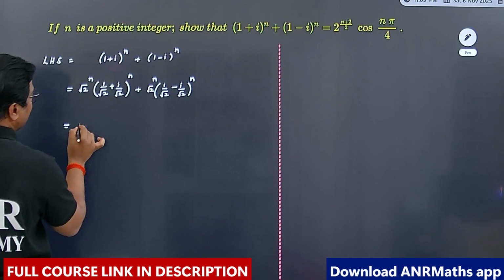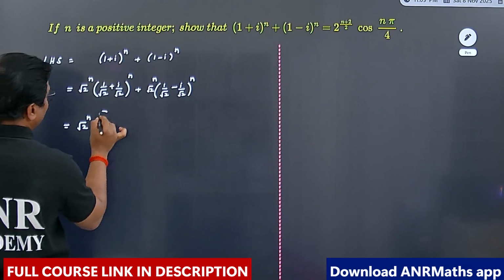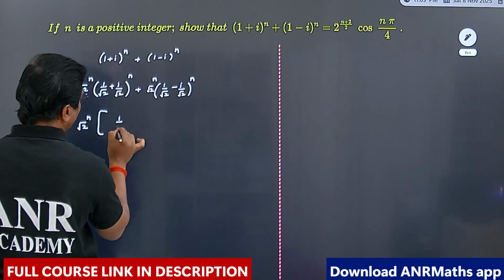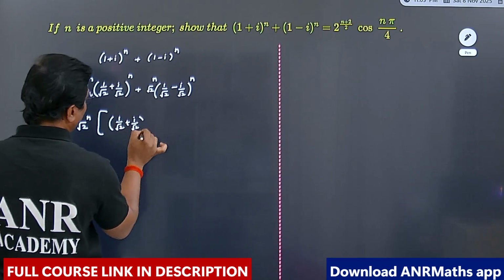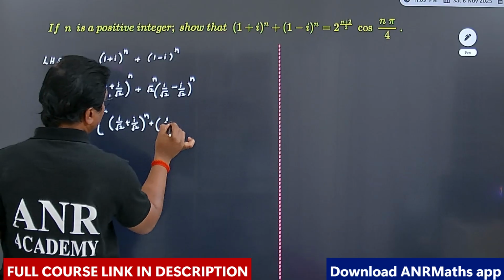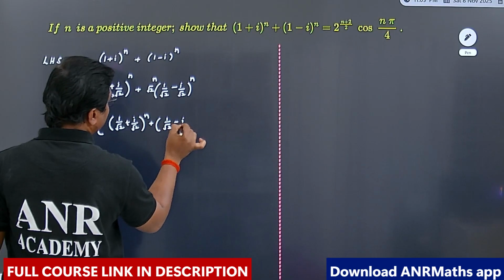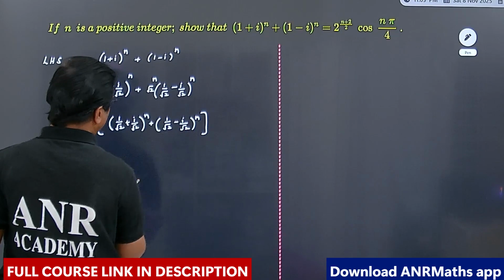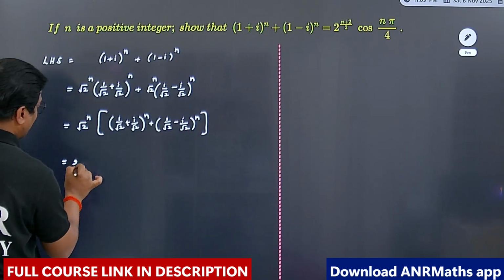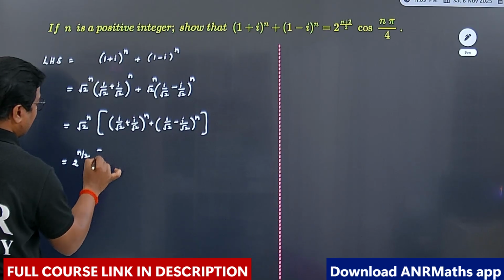What happens? Root 2 power n you can take out. 1 by root 2 plus i by root 2 whole to the power of n plus 1 by root 2 minus i by root 2 whole to the power of n it is. This is 2 power n by 2.